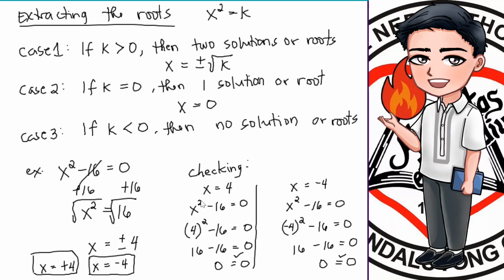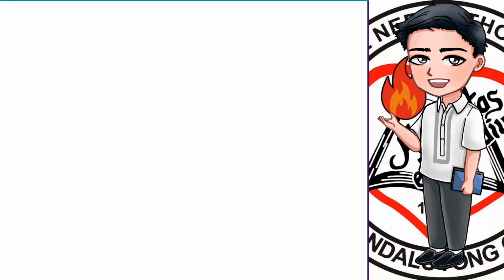Therefore x is equal to 4 and x is equal to negative 4 are our solution set or the roots of our quadratic equation x squared minus 16 equals 0.